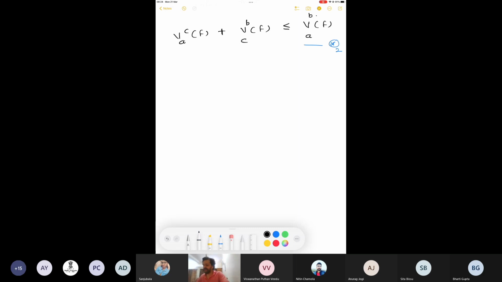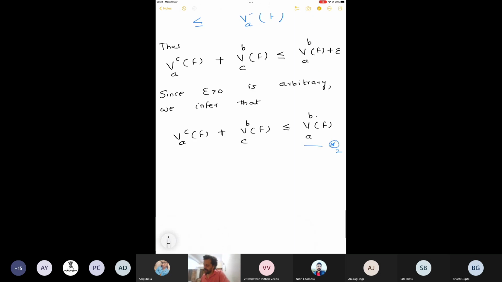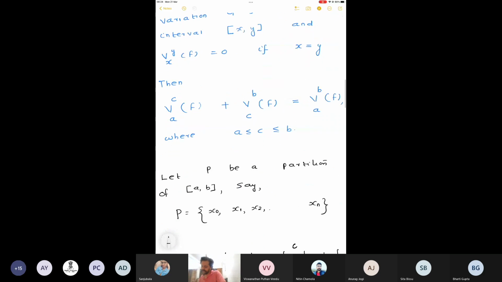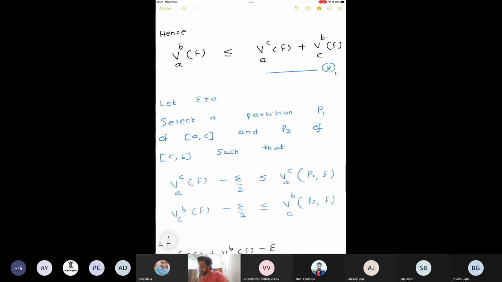Now next fact is the following. I did not number, so let us put this as 1, then 2. Okay, the second one is this. V, total variation of F over the interval AX. Given interval is AB.